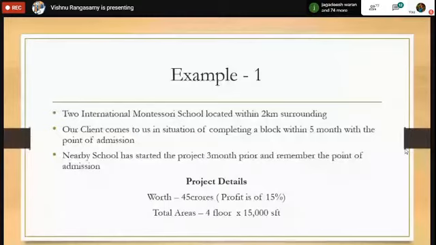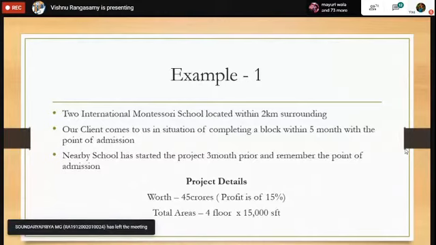So the first example is the situation where our clients request us, or these are the situations in which we take the project. Two international Montessori schools were located within 2 kilometers of each other. So let us assume there are 2 different Montessori schools.